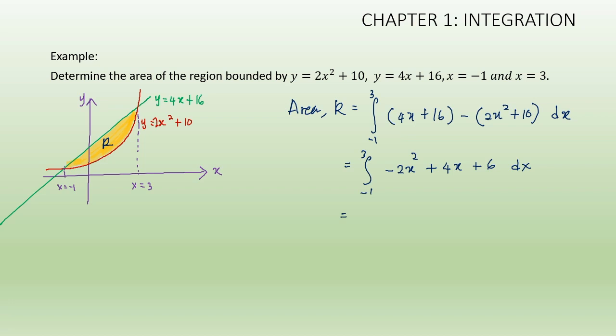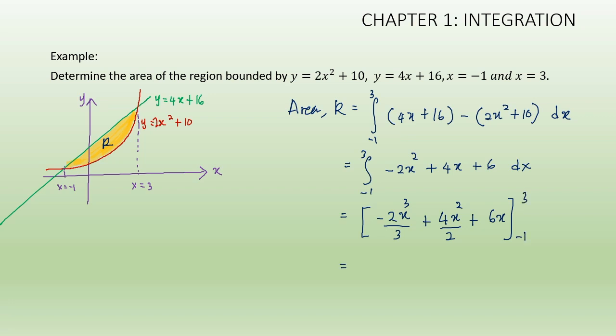And then we do the integration. We have -2x cubed over 3 plus 4x squared over 2 plus 6x from -1 to 3.